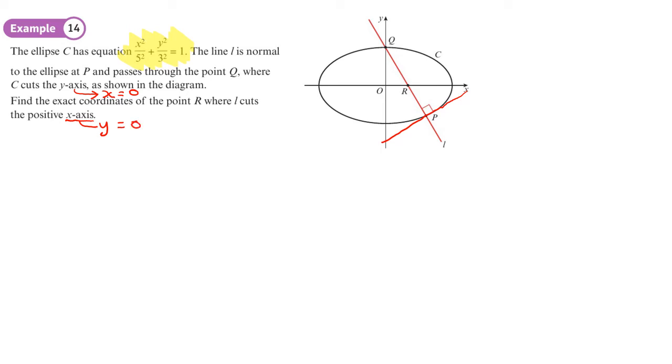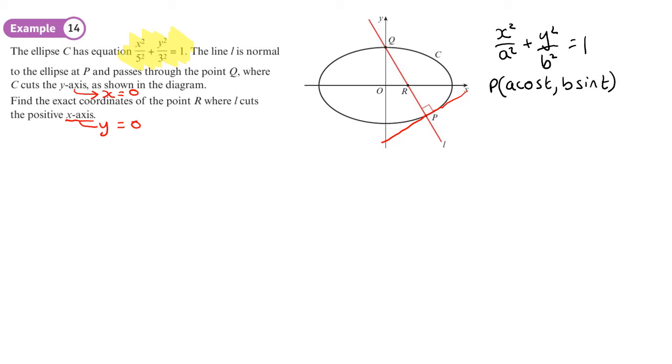Now, to save time, we can just use the equation of a normal, which I showed you on the first slide, the equation of a normal to an ellipse. So our ellipse needs to be in this form, x squared over a squared plus y squared over b squared is equal to 1, where a general point on the curve is given as a cos t, comma b sin t.